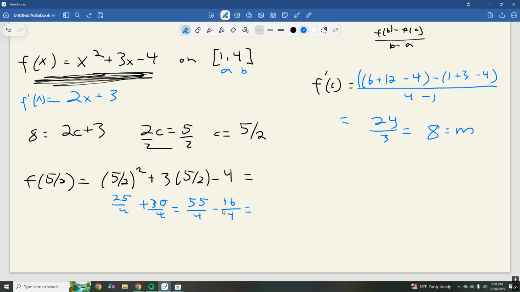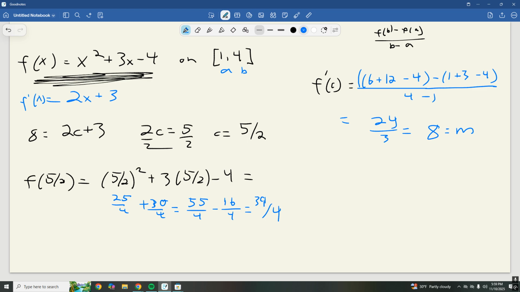55 minus 16. Why can't I do this in my head? 55 minus 16 is 39. Yeah, over 4. 39 over 4. So now we have pretty much everything we need.